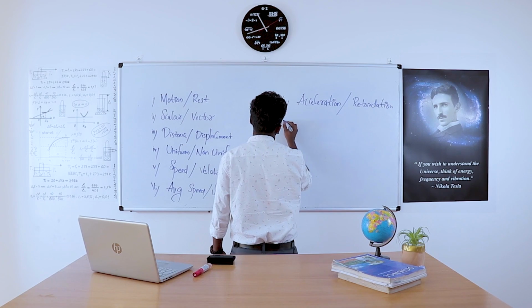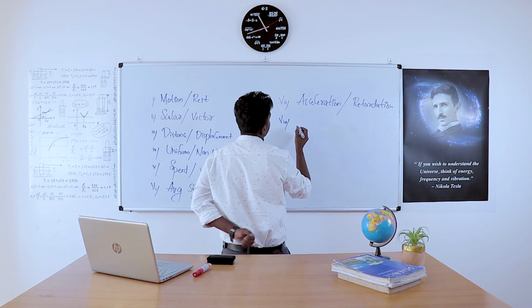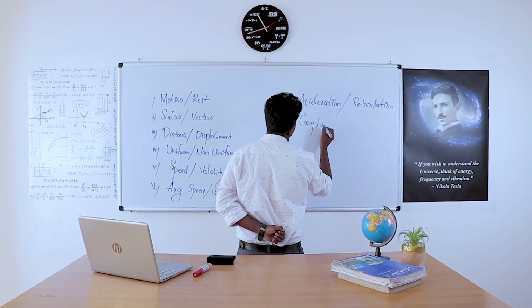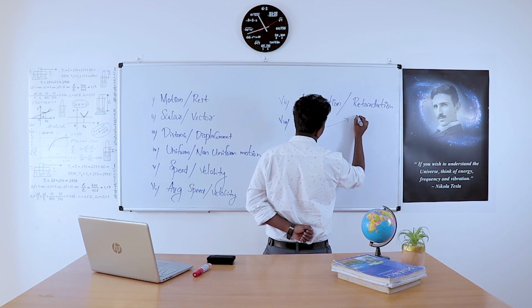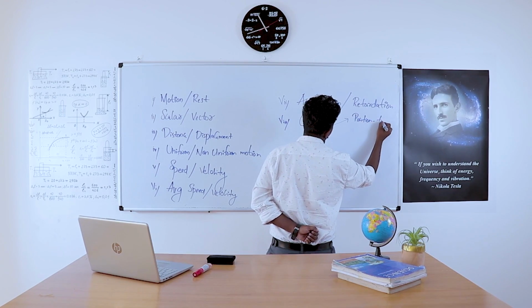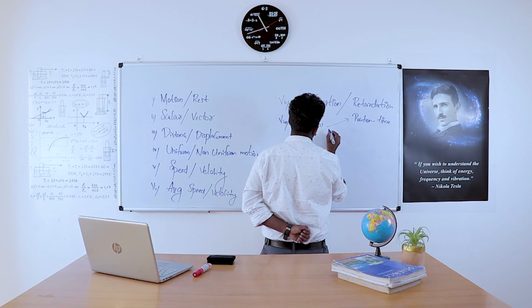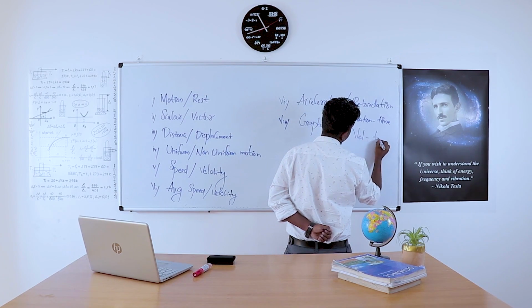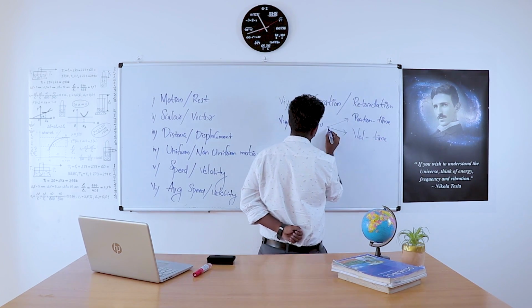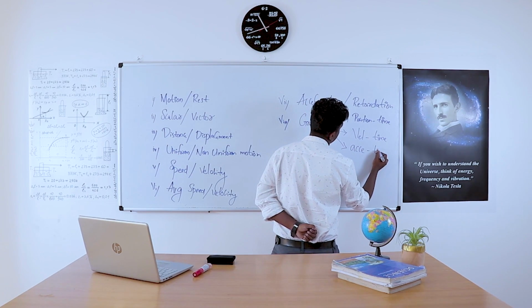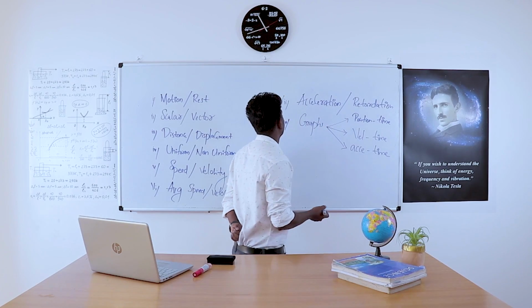And eighth one is graphs. We have three graphs: position time graph, second one is velocity time graph, third one is acceleration time graph.